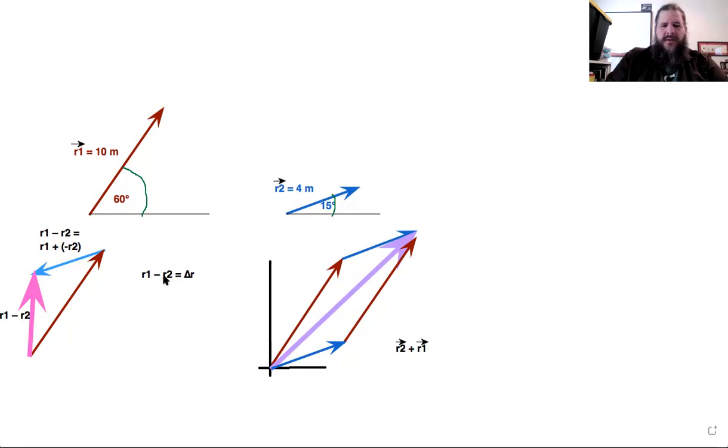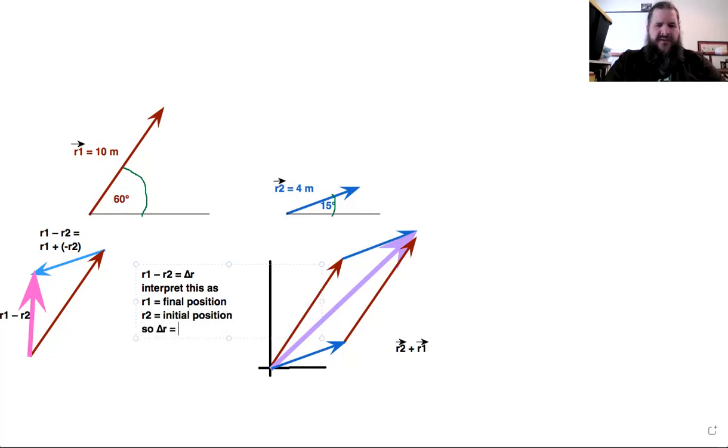So if you think of R1 minus R2 as a delta R, usually how do you calculate delta anything? Final minus initial. Yeah, final minus initial. So you could interpret this as thinking of R1 as a final position and R2 as an initial position. R1 is the final position, R2 is the initial position.